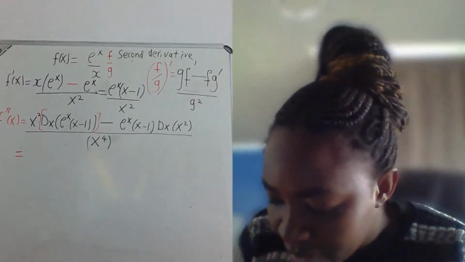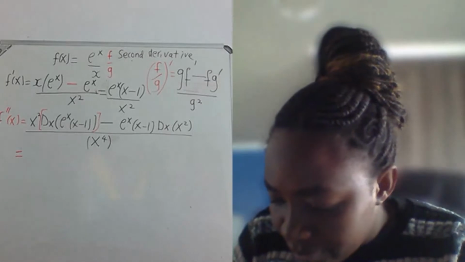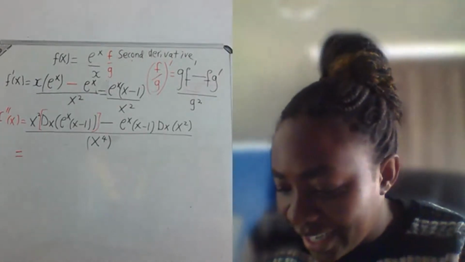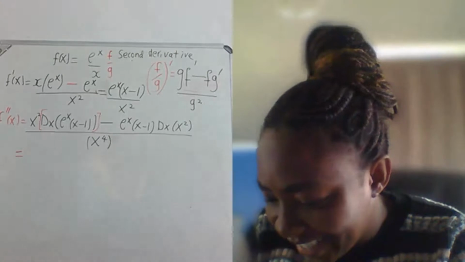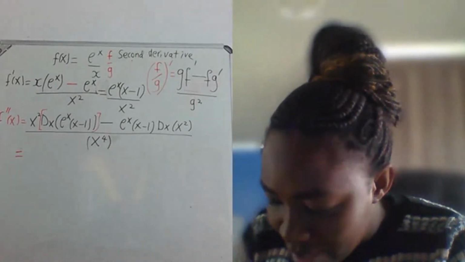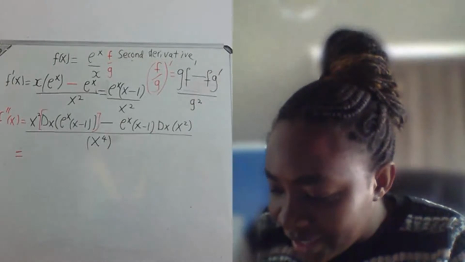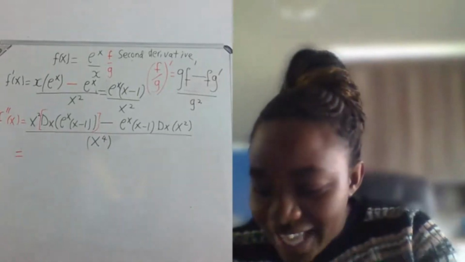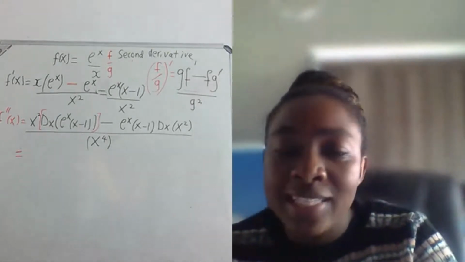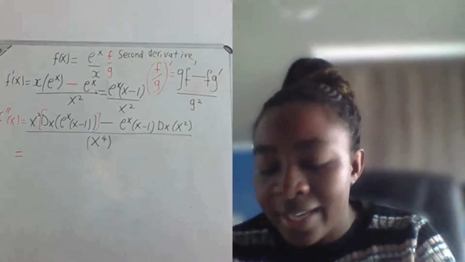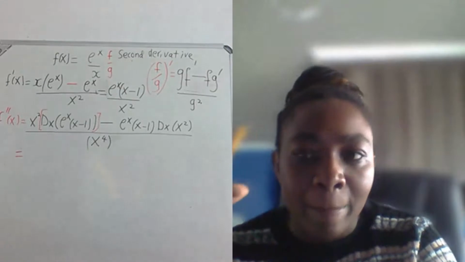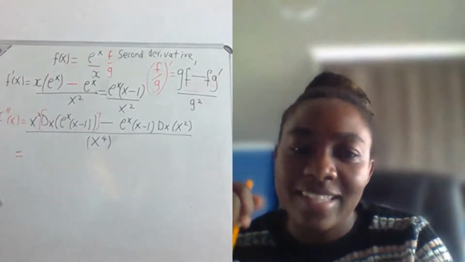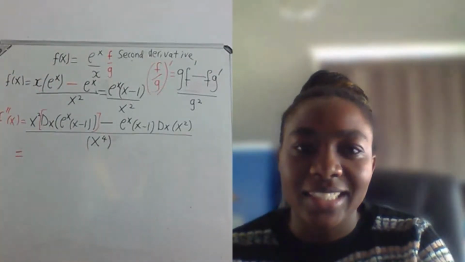Okay, x minus 1. It's 1. Is it 1? Okay. The first step, since this is a product rule, we take the second function, which is your x minus 1, times the derivative of e to the x, which is e to the x anyway.